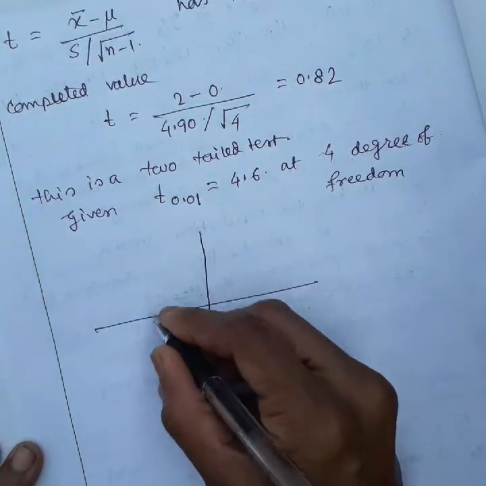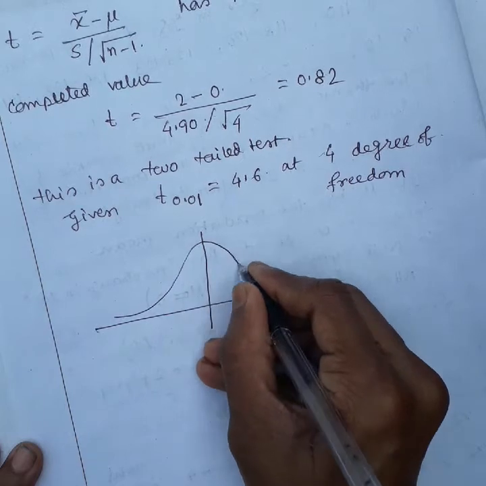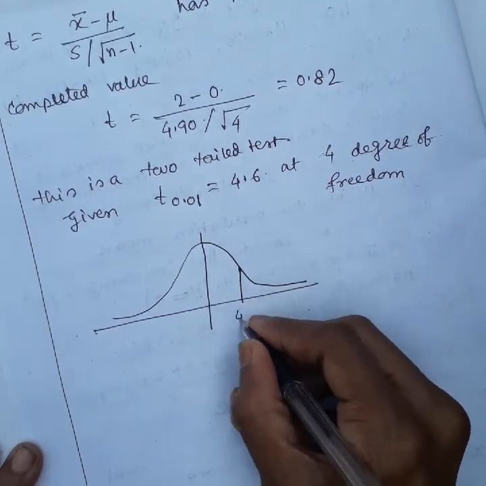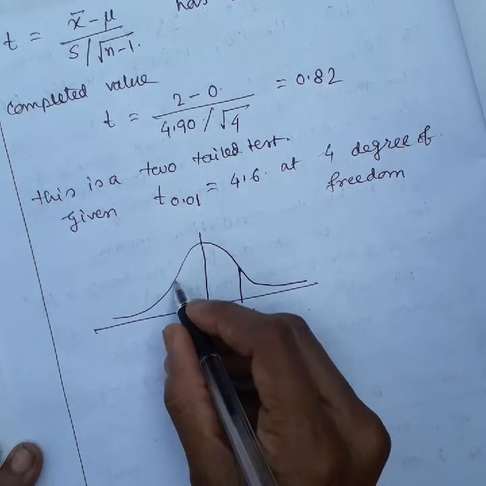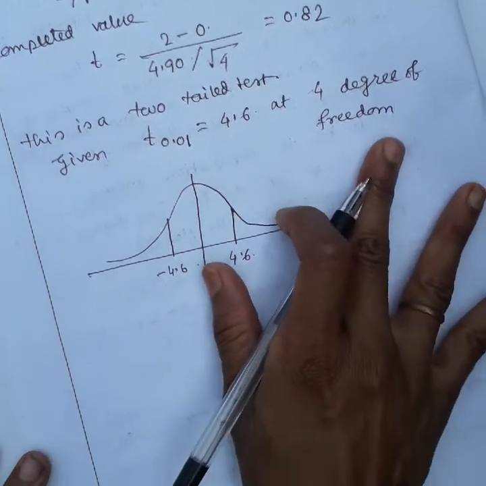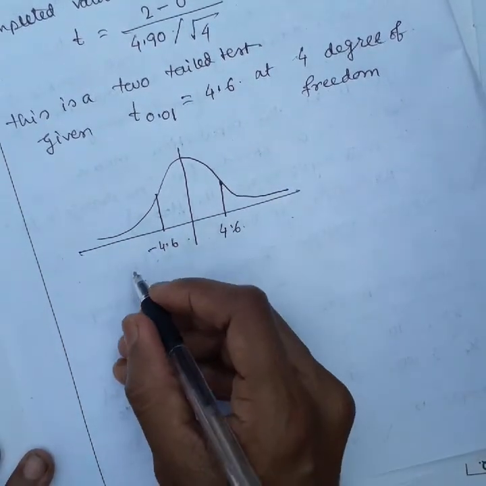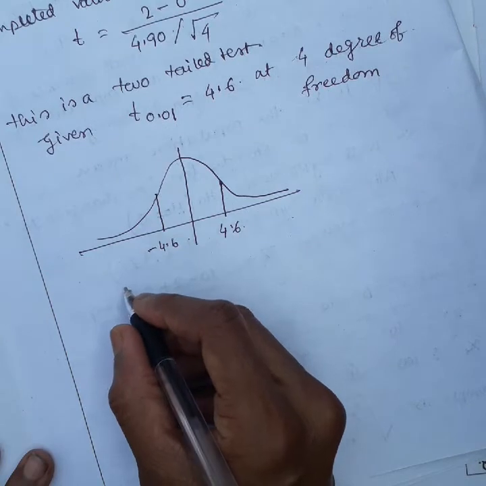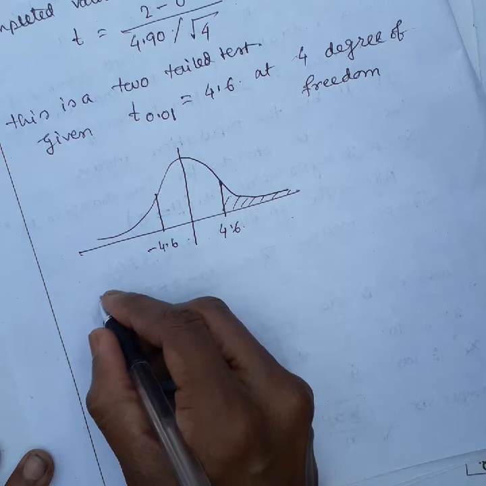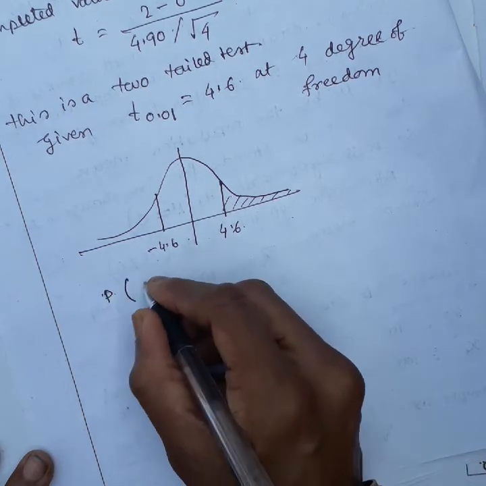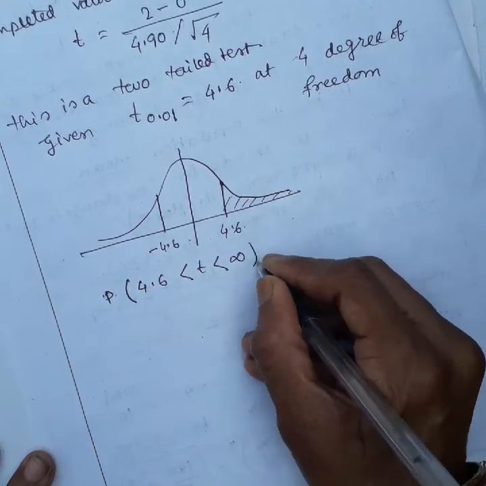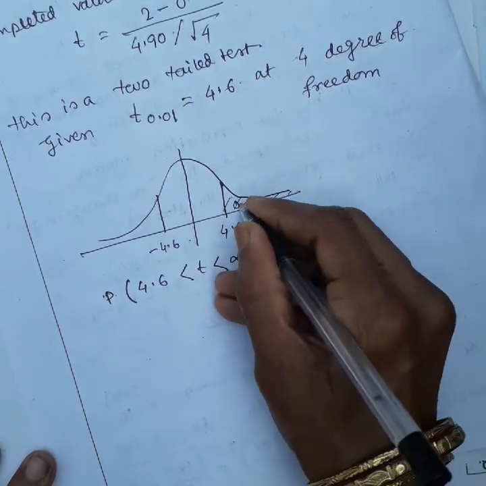So it is given here. From here we have the probability of 4.6 less than t less than infinity is 0.01.